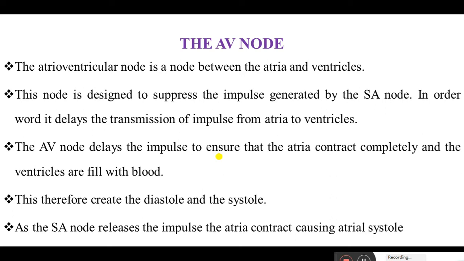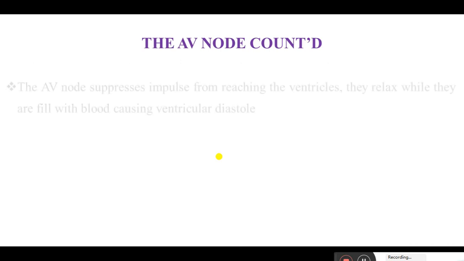As the SA node releases the electrical impulse, this impulse travels through the internodal tract and across the atria to create atrial contraction. That's atrial systole, contraction of the atria. What happens at the same time?